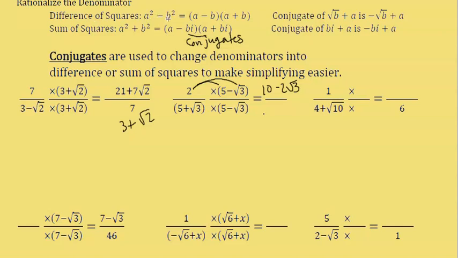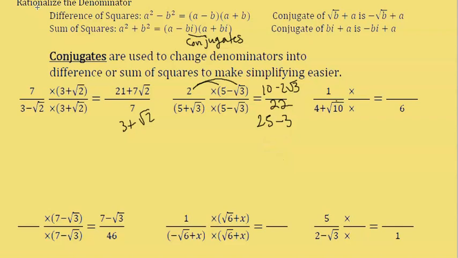So that's going to be 25 minus 3. That's 22. And again, we could have written this in reduced form as 5 minus square root 3 over 11. But having it like this is fine for this page.